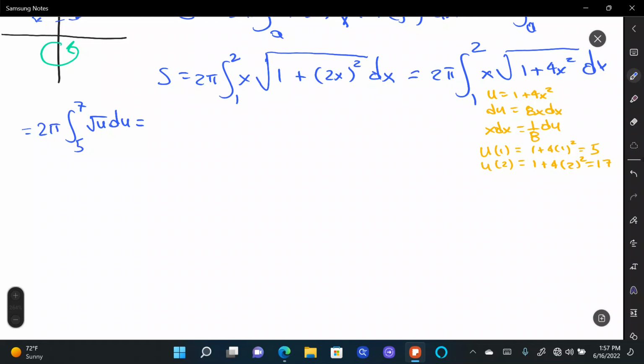Alright, so let's compute this integral. I forgot that factor, that 1/8. And that 1/8 goes as a 1/4 outside with the 2 pi.